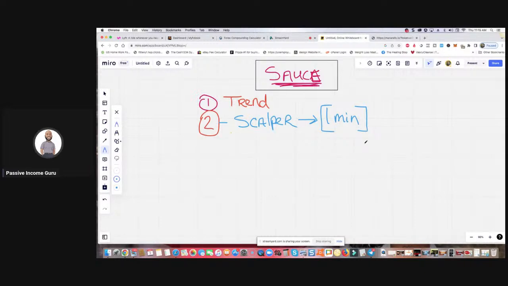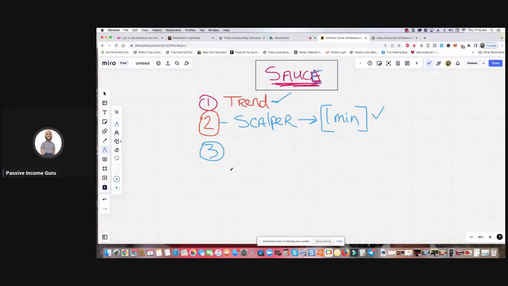One type of setting is for those who are into prop firms and things like that, and another is for those who are using regular brokers. So we have two specific settings that you will end up using. Again, the Sauce EA recognizes trend. It is a scalper, or you can make it a scalper.